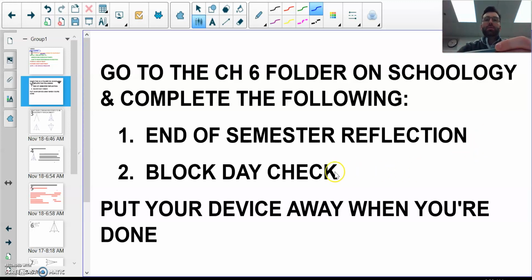The block day check-in says it's graded, but I'm not putting it in the grade book. It's more just for me to see where you're at with everything we've learned so far, and also for you to see how you're doing. You don't have to put your device away when you're done, obviously, because you're going to need it to finish the video. So go ahead and pause it and do those two things. When you're done, come back to the video and go for it.